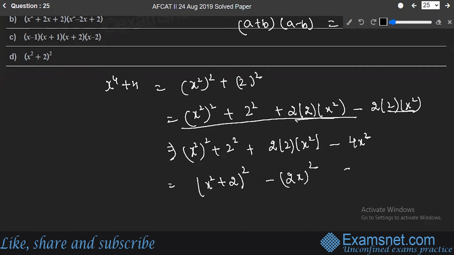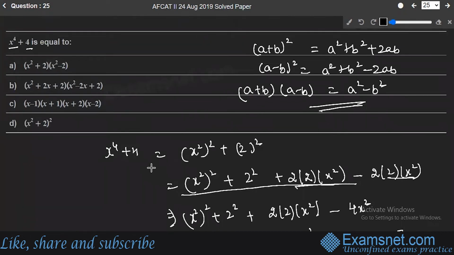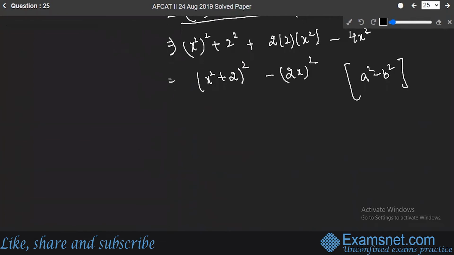Now this is of the form a square minus b square. I have written the identity over here for this, right? Let's solve now. So this will become x square plus 2 plus 2x, x square plus 2 minus 2x.